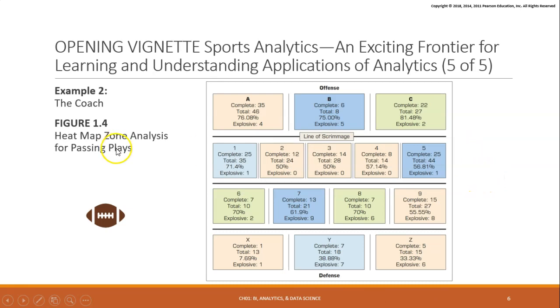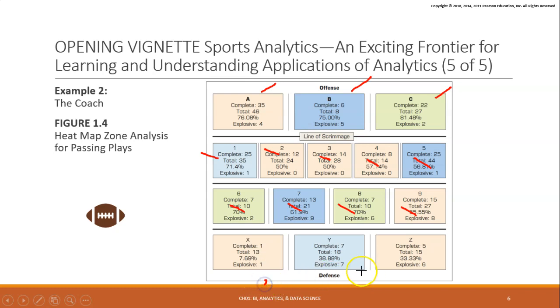Also, the same goes with certain offensive and defensive strategies. This is an example of a heat map where a coach was able to validate, with different offense configurations, what their success rate would be for passing plays, and also where the receiver was in receiving the ball and what success rate they have at those locations.